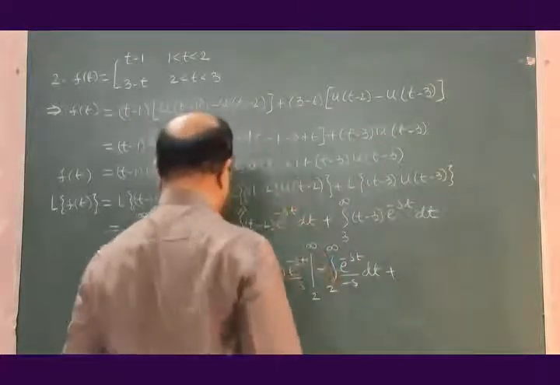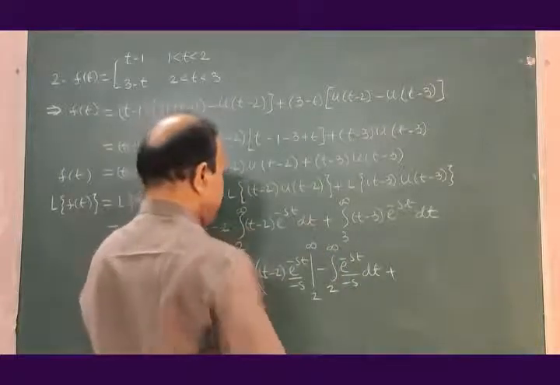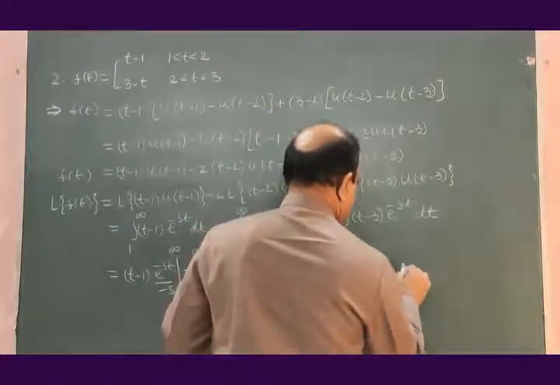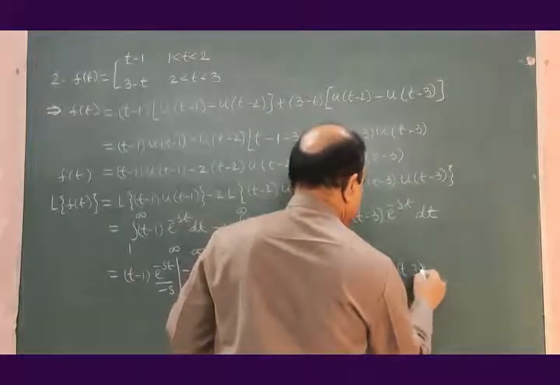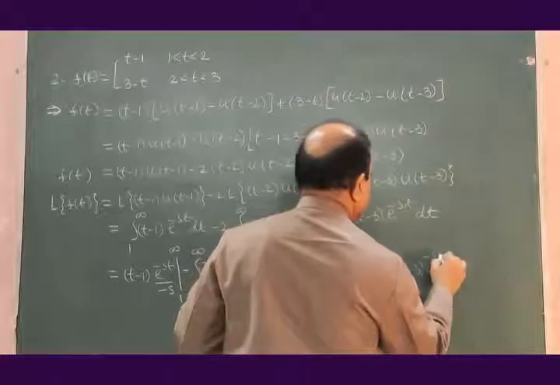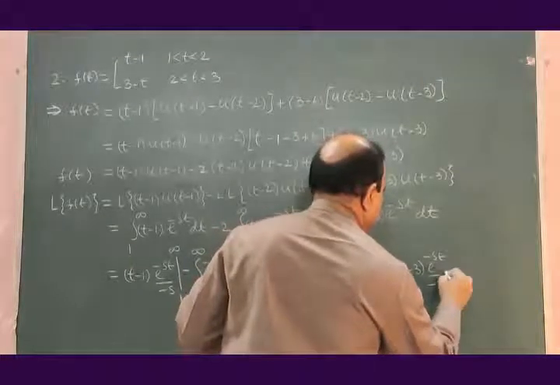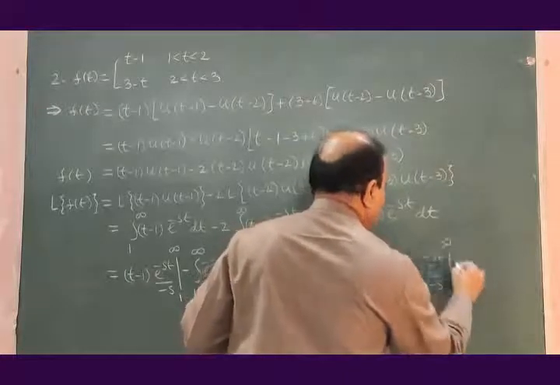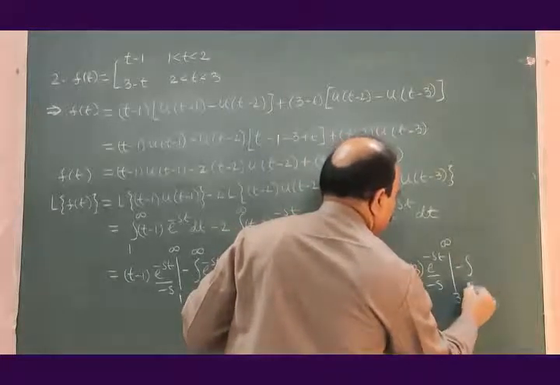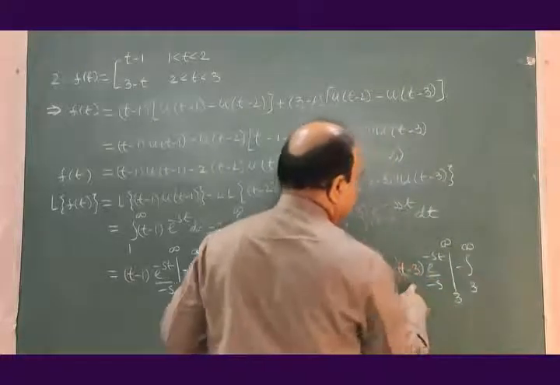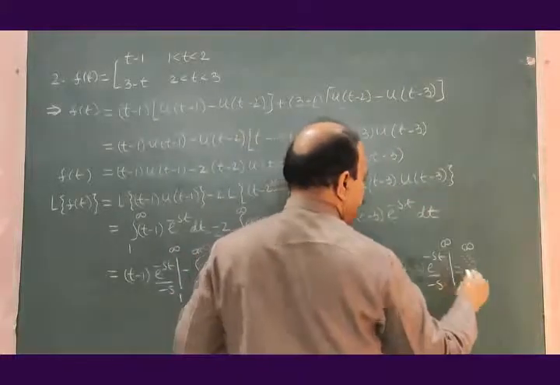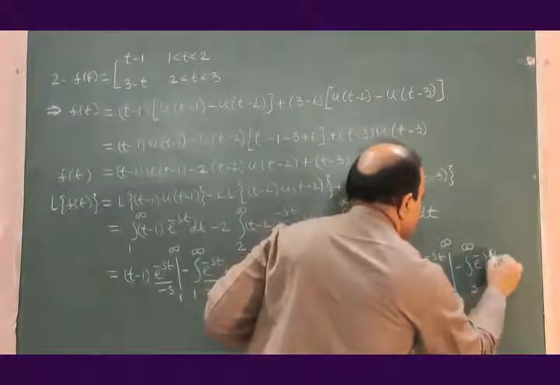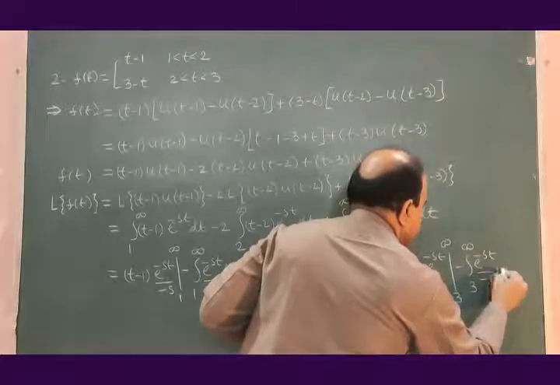Plus, bracket is taken here also. Let us take a bracket: f of x, t minus 3, into e to the power minus st divided by minus s, limits are 3 to infinity, minus integration of 3 to infinity f dash of x is 1, and integration of e to the power minus st is e to the power minus st by minus s dt.